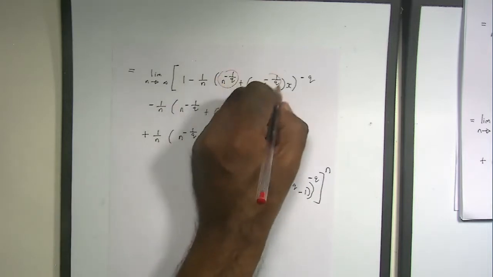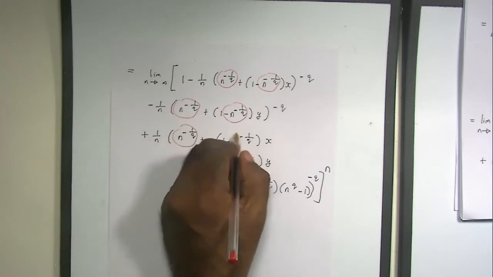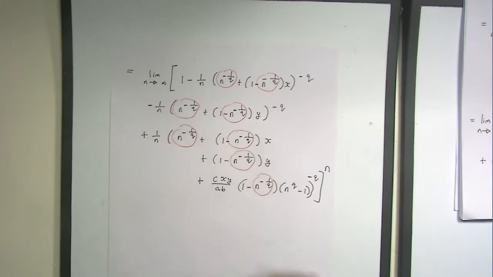This term, this term, this term, all the terms I've circled in red. Can you see all the terms that I have circled in red? As n goes to infinity, they will go to 0, right?